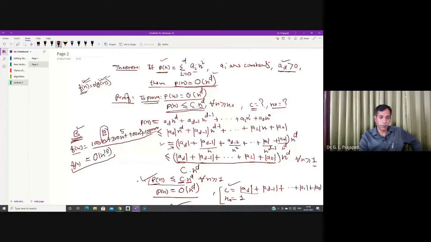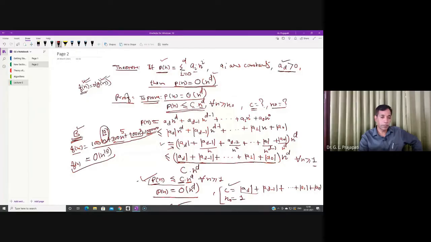And what is the intuition actually? Intuition is that this is one term you have, this is another term you have, this is the constant term you have, and you know that the rate of growth of a constant term is always less as compared with the polynomials. The rate of growth of a polynomial of degree 2 will be less than the rate of growth of a polynomial of degree 5. The rate of growth of n raised power 10 will be more than n raised power 5.